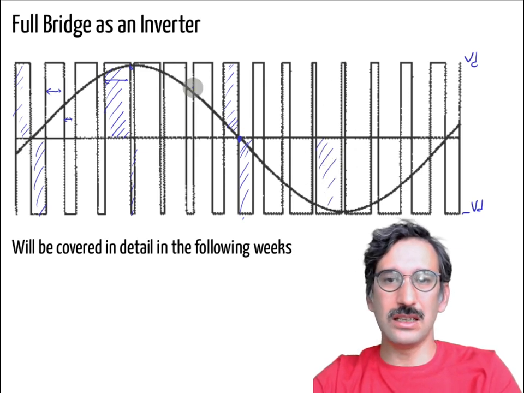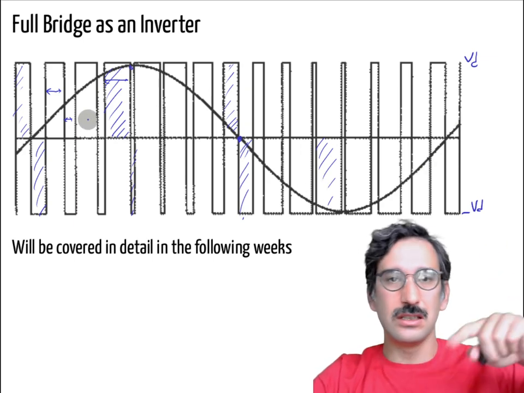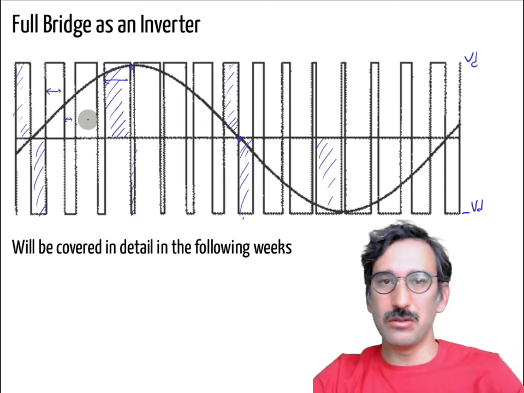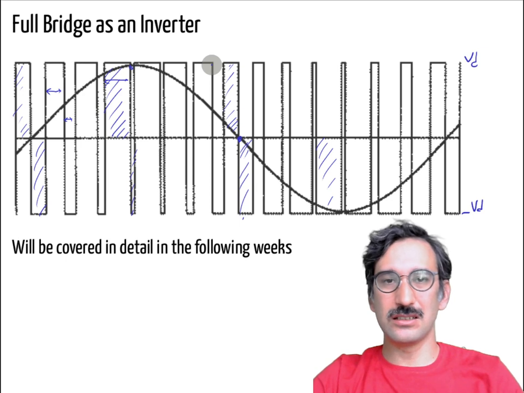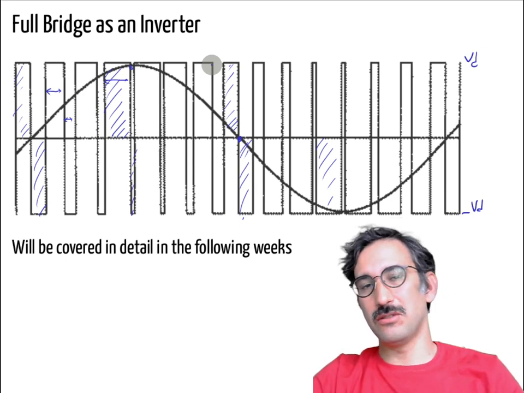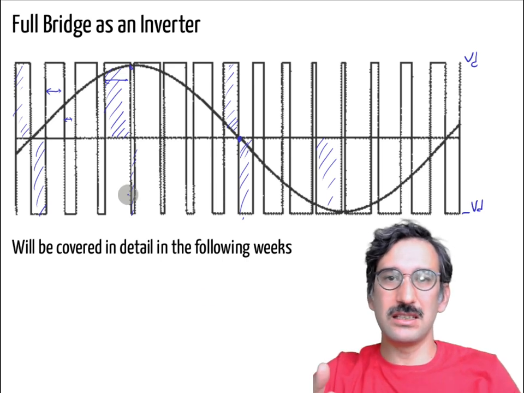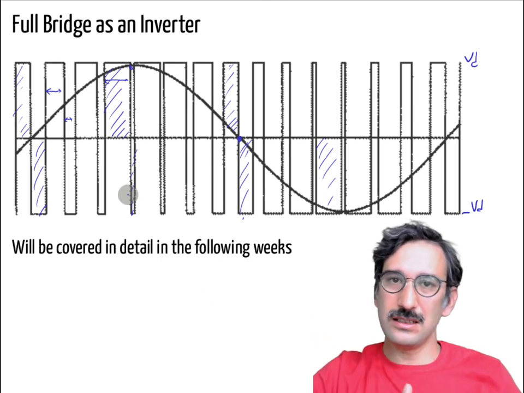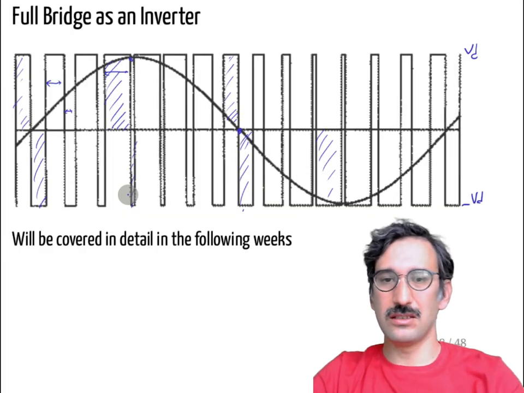So the output of an inverter is actually like a high frequency square wave, and when you filter out those high frequency components, what you end up with is a sinusoid. Okay, so this is how you generate an alternating voltage, alternating current from the DC. So it is basically a 4-quadrant DC converter, but you change the reference voltage.